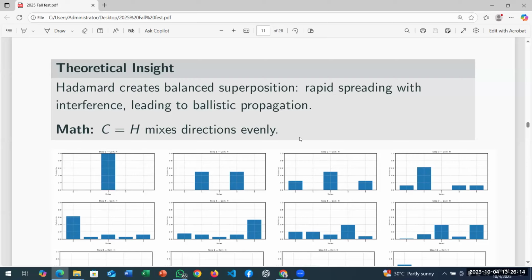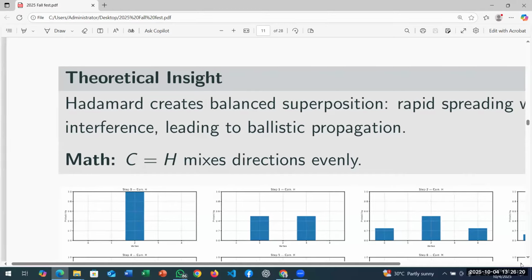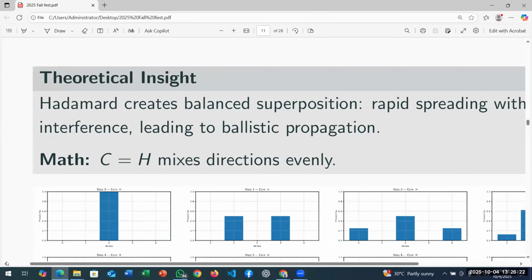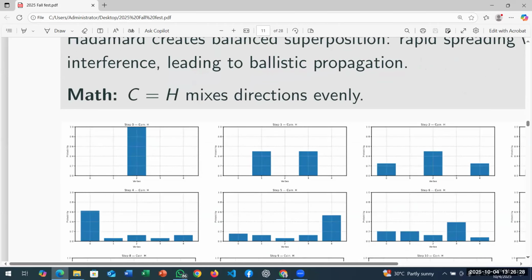Let me try to bold one so that we see it better. At step 0, I chose my initial vertex point to be 2. That's why it is starting on 2.